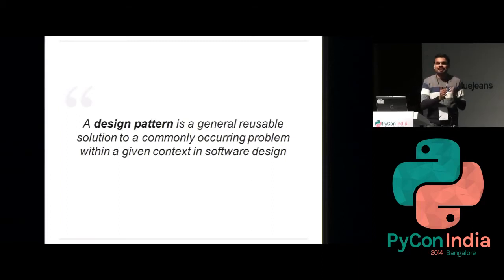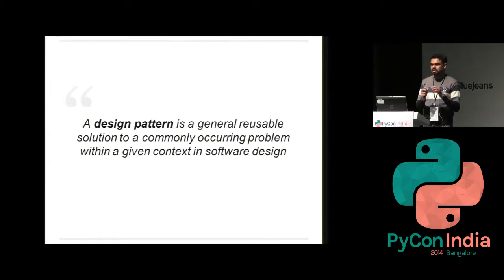So he's an architect in the traditional sense, not the software sense. He wrote a book which covers about 253 different patterns. And when I say patterns, he's talking about a certain problem which commonly occurs in the field of architecture and a practical solution to it.